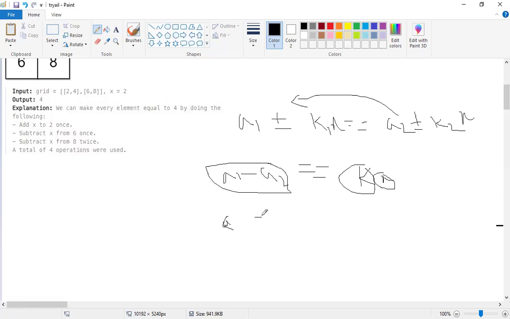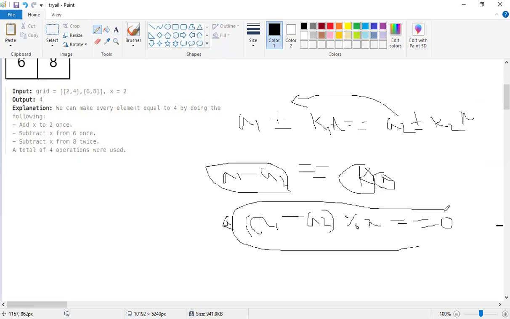So what does that mean? That means A1 minus A2, modulus X, should be equal to 0. This condition should hold true for every pair.